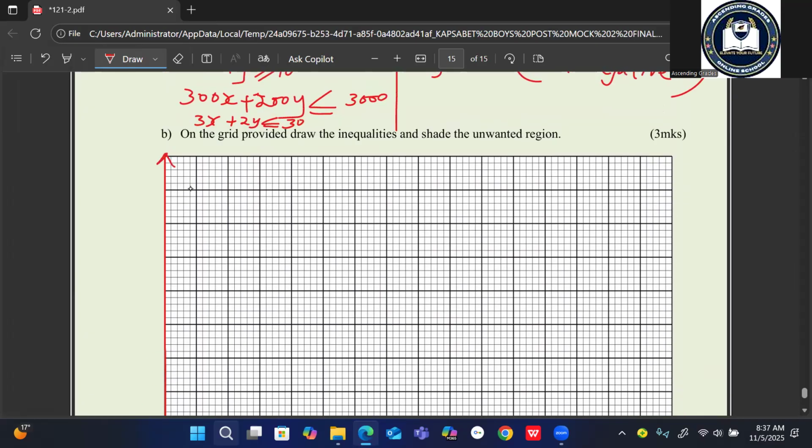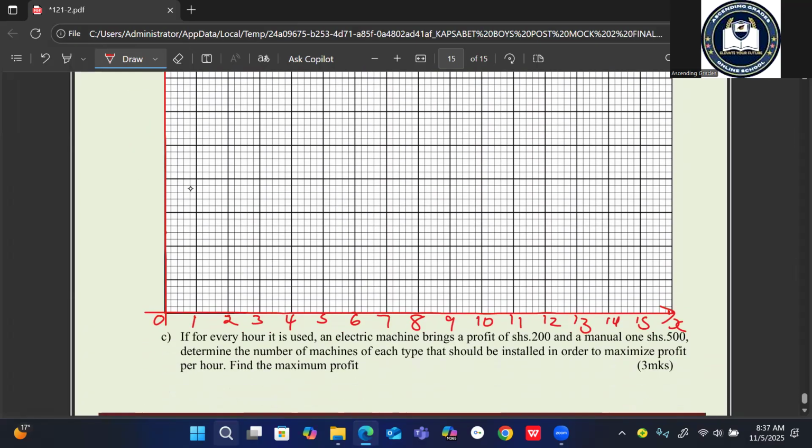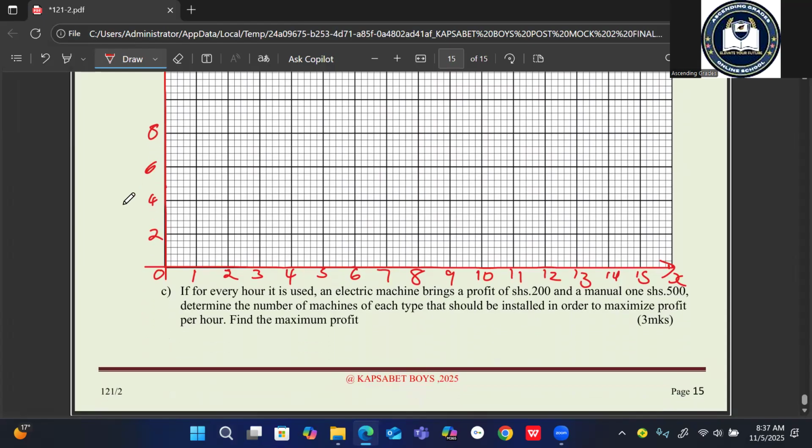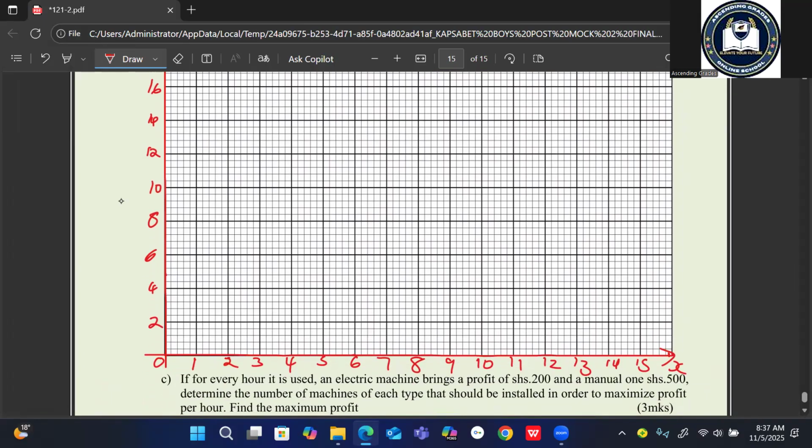We have y here, which can get to be 2, 4, 6, 8. We have 10. So we have it like that.